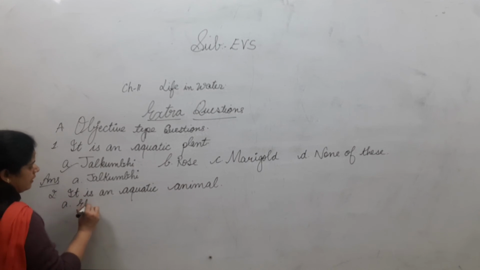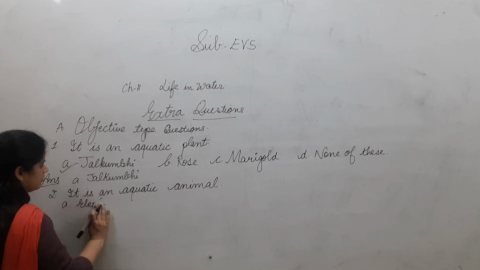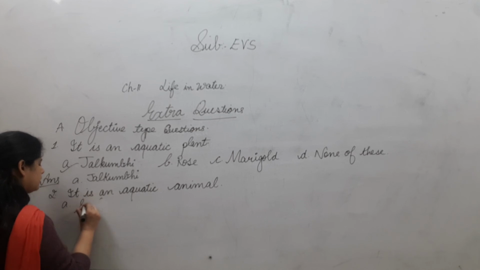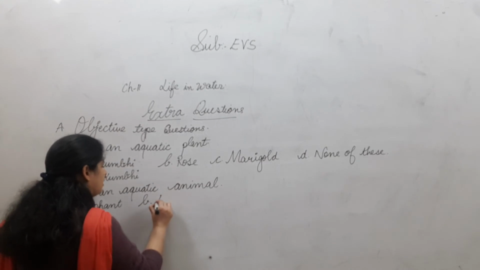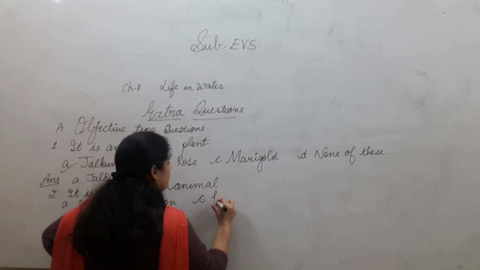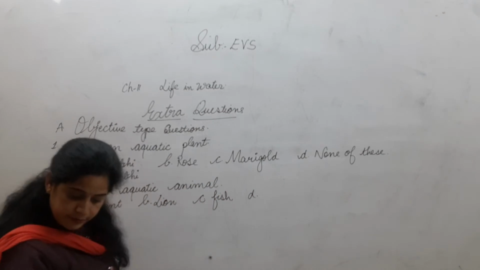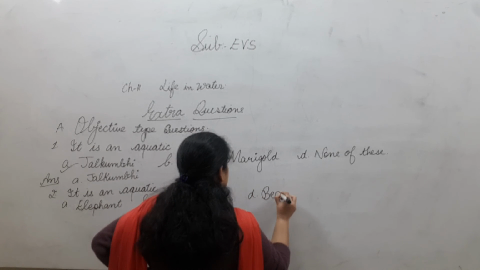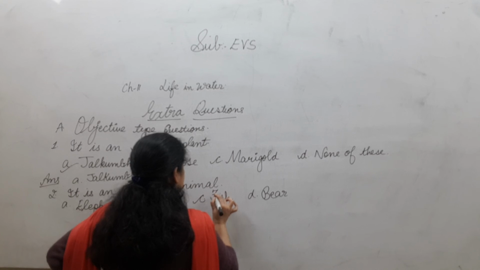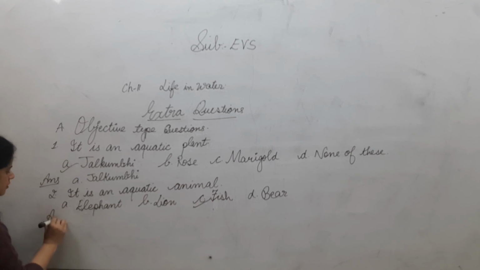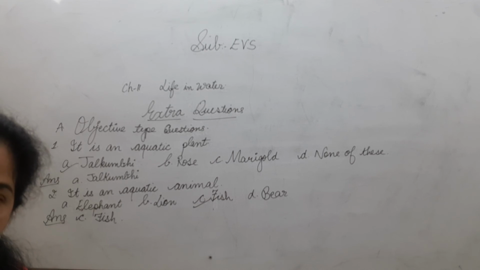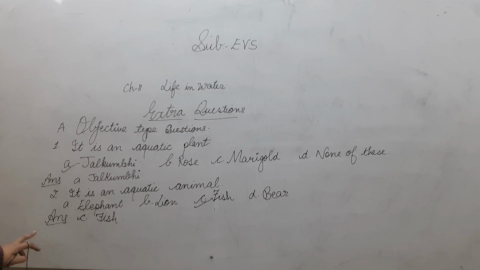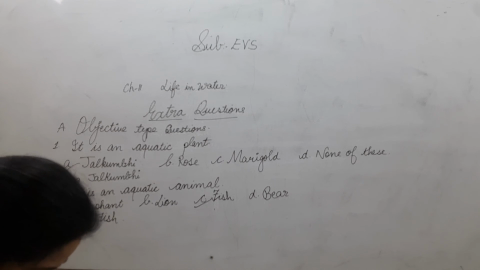A elephant, B lion, C fish or D bear. F should be capital for fish. So answer is C fish. So answer is fish.